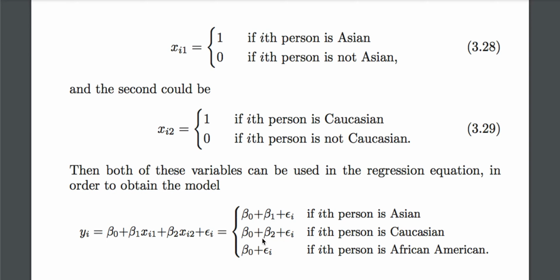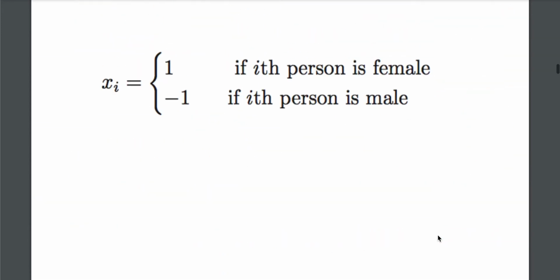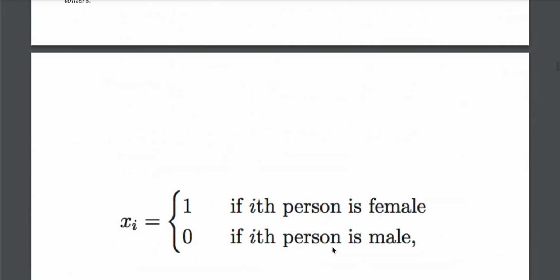So beta 1 and beta 2 are the coefficients for Asian and Caucasian in relationship to the baseline, which is African American, in this way of coding. We can just switch all of these, it will just change the coefficients, but all I'm trying to say is that when you're dealing with categorical variables, the meaning of the estimated coefficients depends on what the baseline is. Here the baseline is African American. Here the baseline is male. So you get the idea.